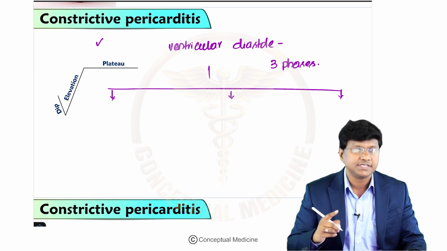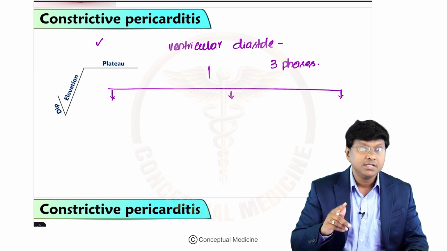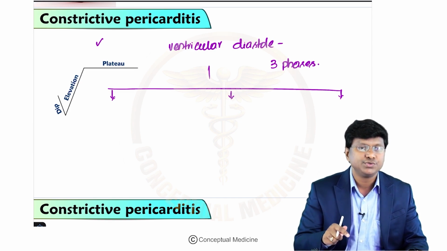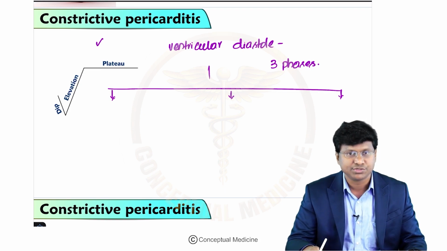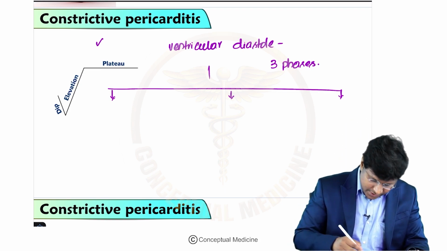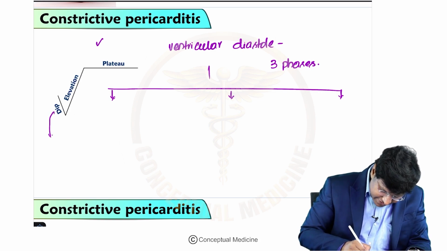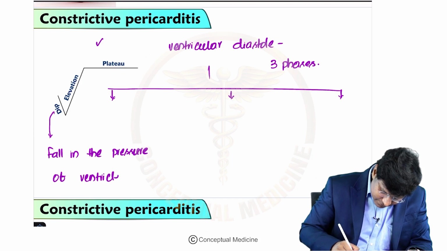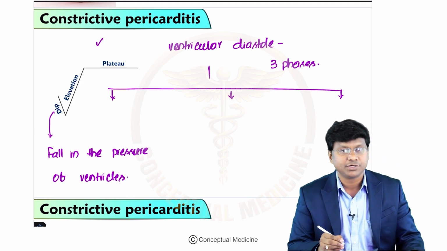Right, what are these three phases? Let me discuss. The early dip in diastolic pressure is due to isovolumetric relaxation of the ventricle, right? So you have the dip. What do you mean by the dip? Dip represents a fall in the pressure of the ventricles.